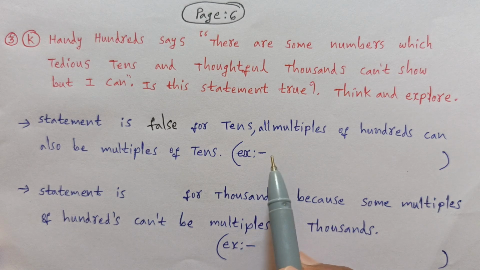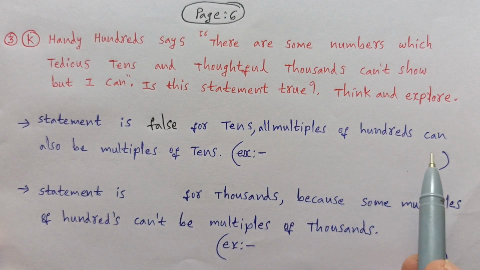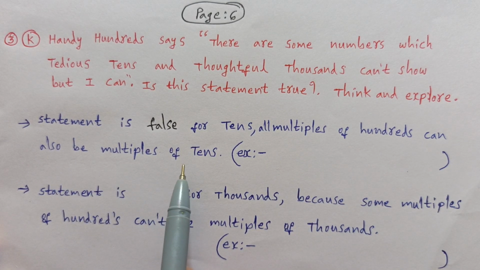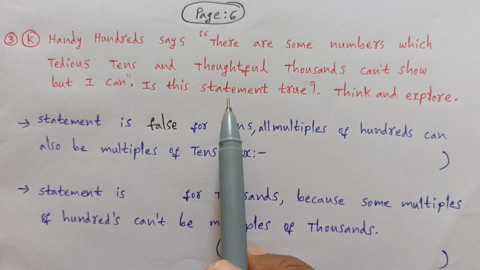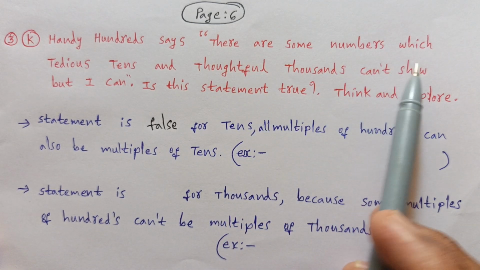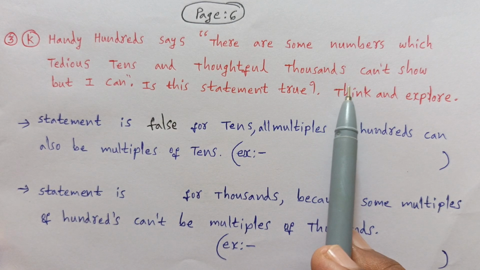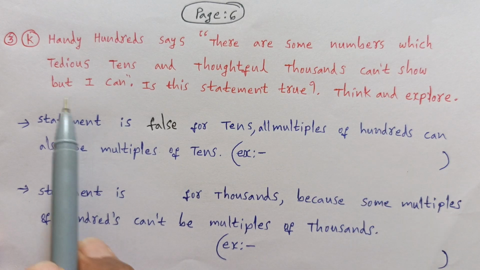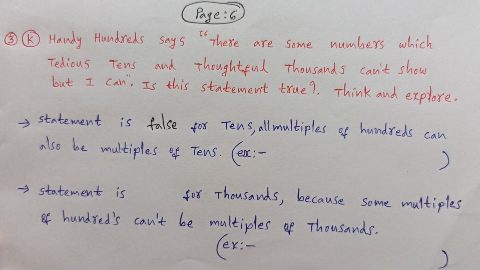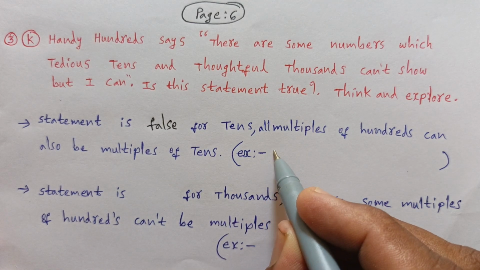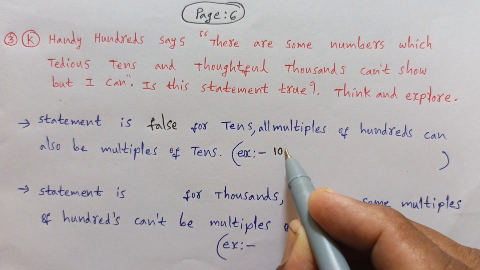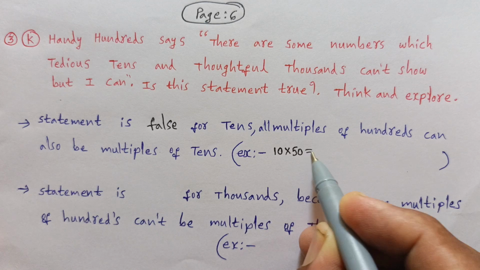for tens, because all multiples of 100 can also be multiples of tens. But here it mentioned that there are some numbers which tedious tens and thoughtful thousands can't show, but I can. So for example, if you take 500, so 10 into 50 is 500.